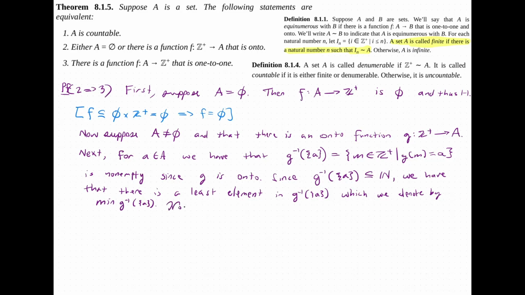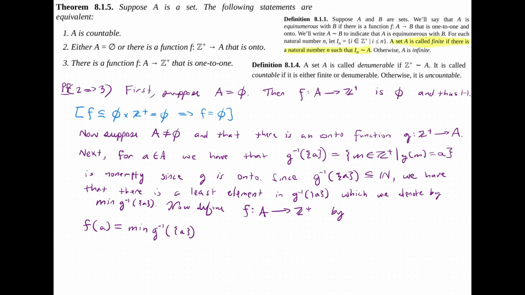So now, define f going from A to the positive integers by f of a is mapped to the minimum of g inverse of the set containing a, and so the inverse image, the minimal element, which we are guaranteed by the ordering principle.